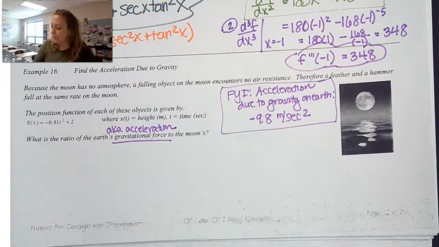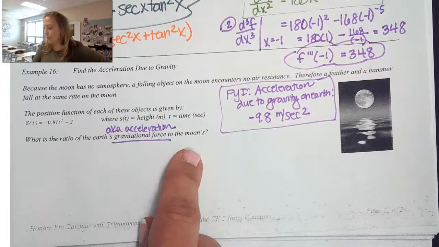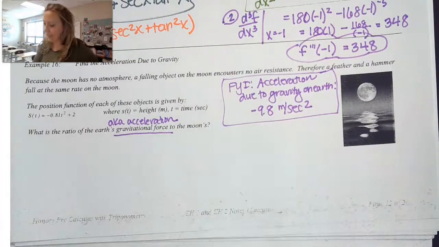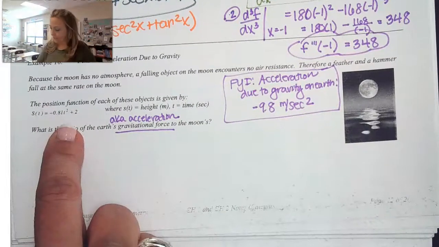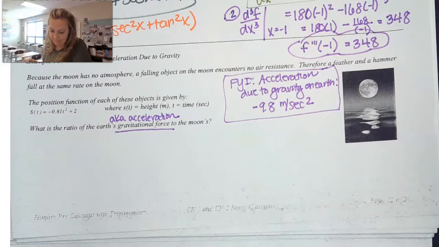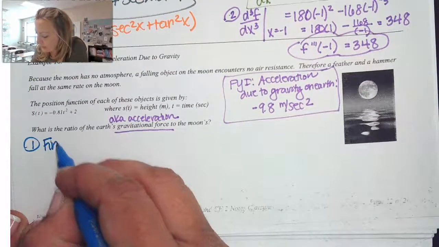So if we want the ratio of the Earth's gravitational force to the moon's, we know the Earth's gravitational force, but we need to find the moon's. What we can do is use the position function that's given here to help us out. So we're going to find the acceleration on the moon.